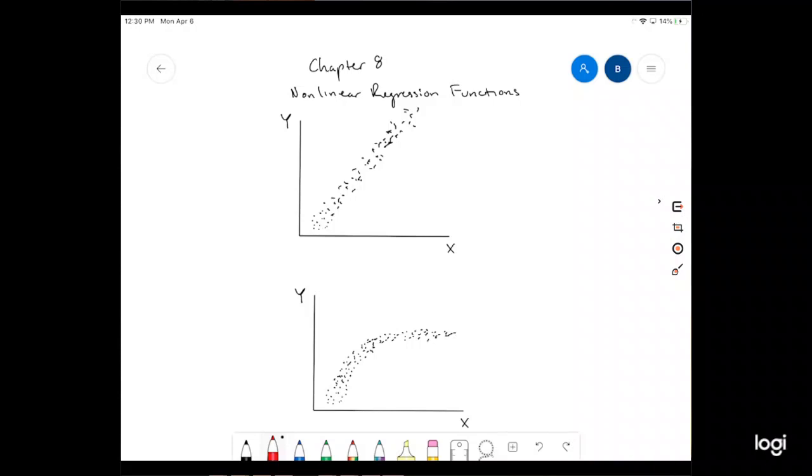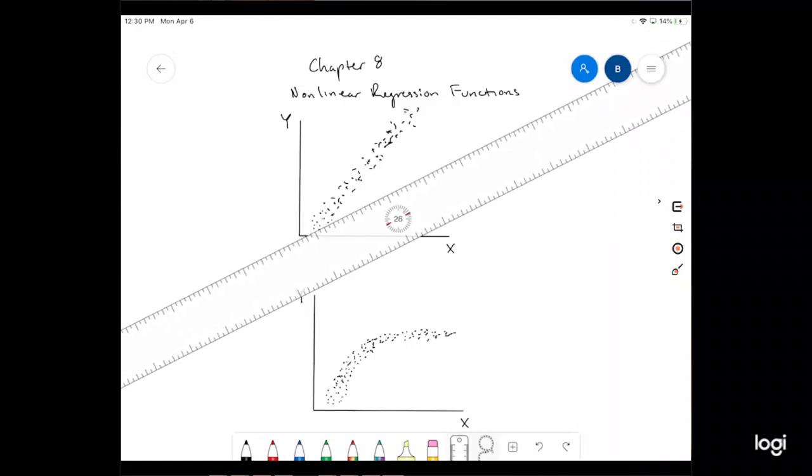Okay, so we have two graphs here that you can see. They're both graphs of two variables, x and y. The first is a scatter plot, which looks like the relationship is somewhat linear. So we can see kind of what we mean by linear here. Linear is going to be some relationship that is just a line.